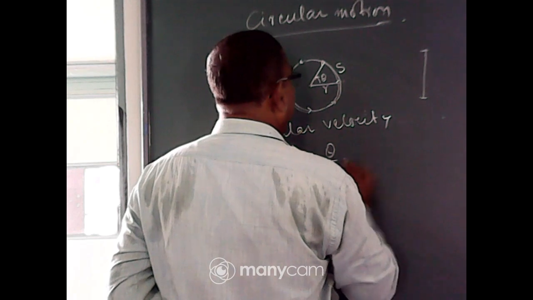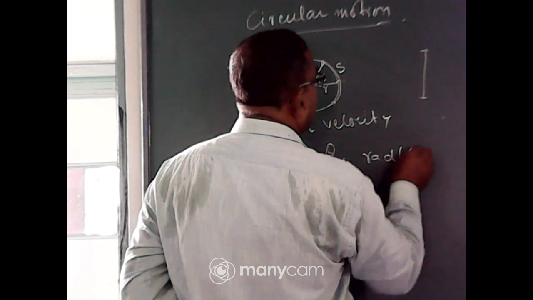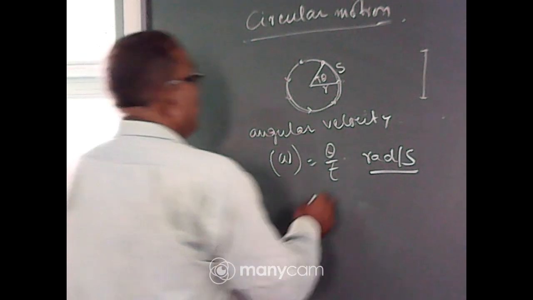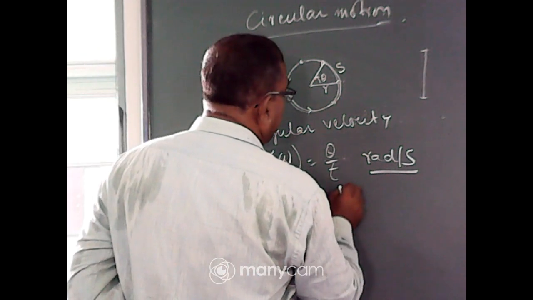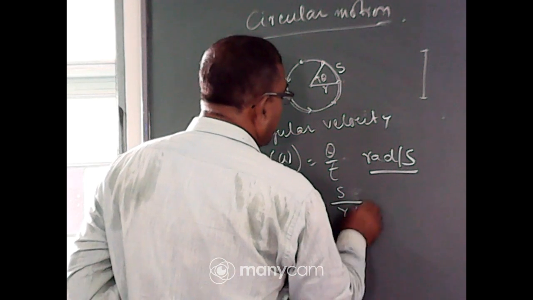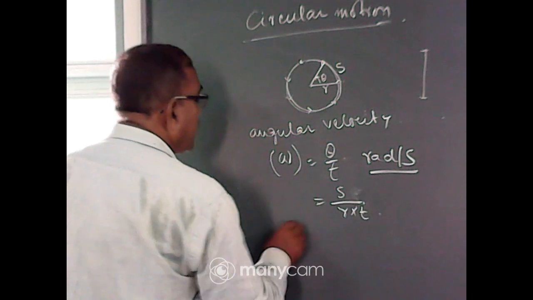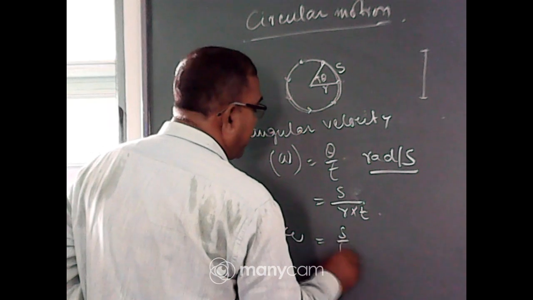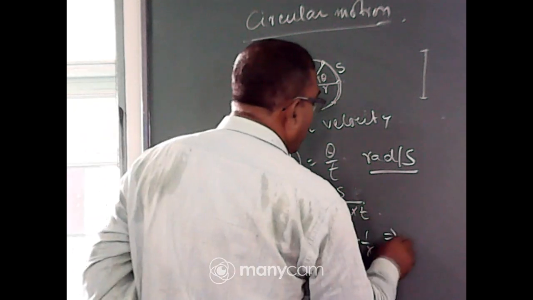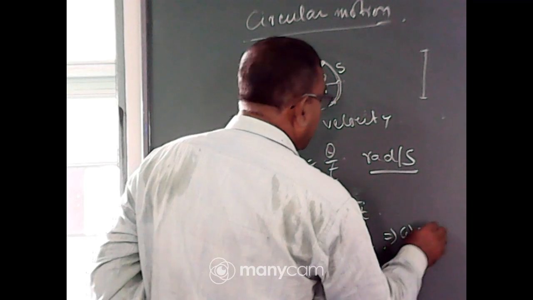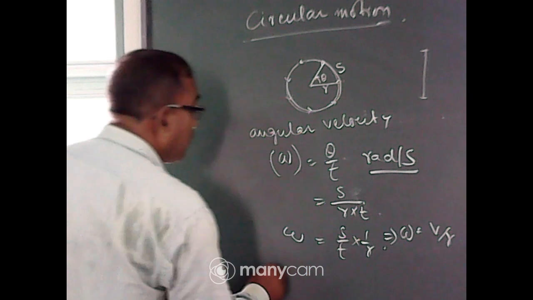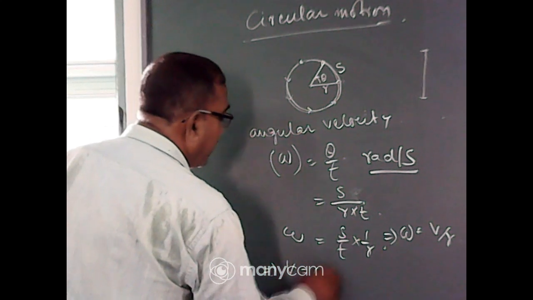The unit is radian per second, rad per second. Theta is s by r, so omega equals s by t into 1 by r. Omega equals v by r. Therefore, v equals omega into r.